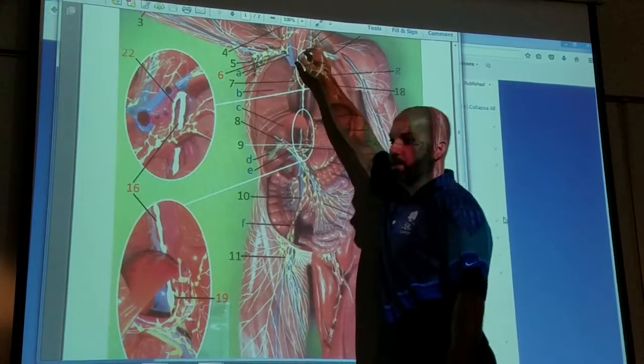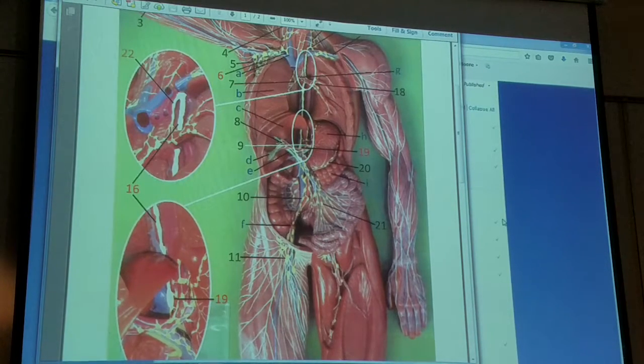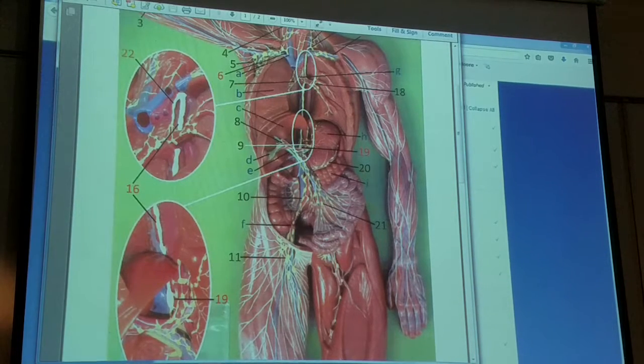So what 2 trunks are going to be up there? So here's jugular. Wish my cursor didn't disappear, but you see right here? This is jugular coming straight down.